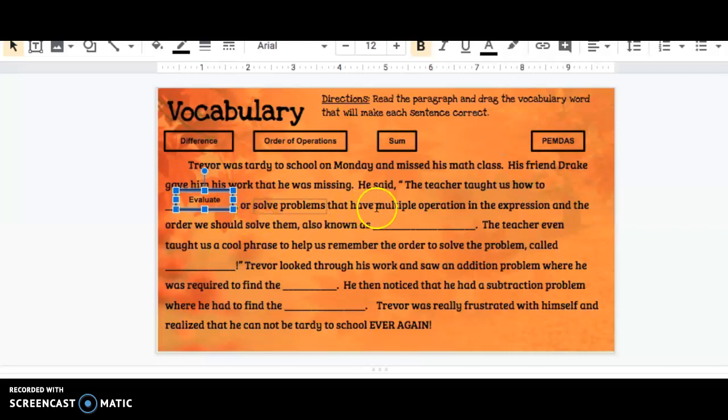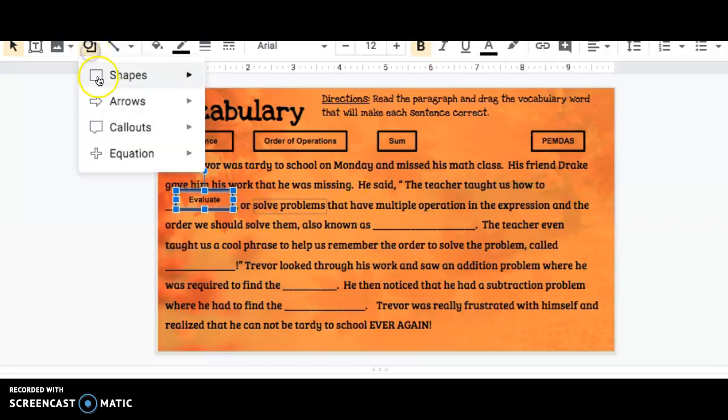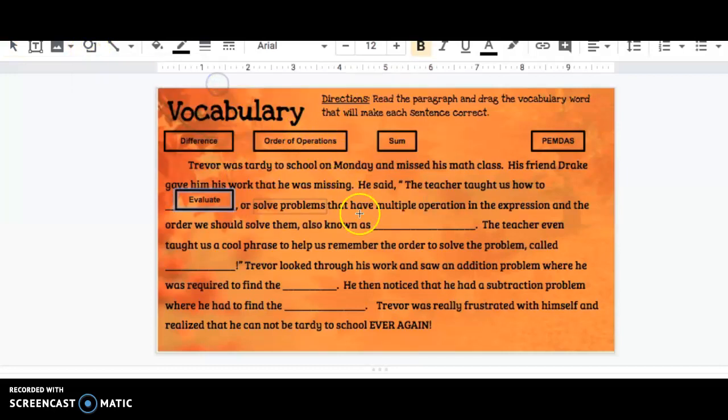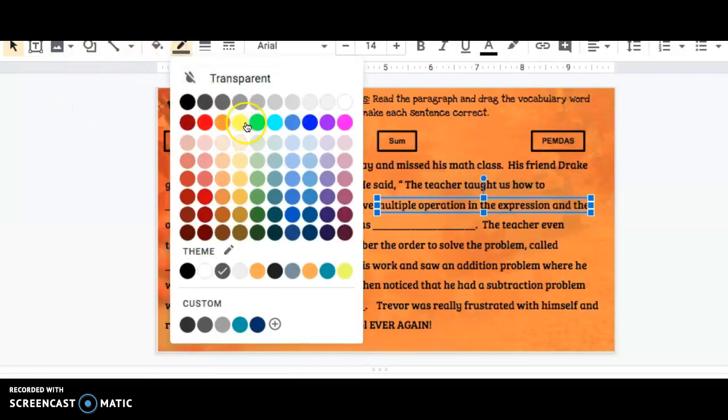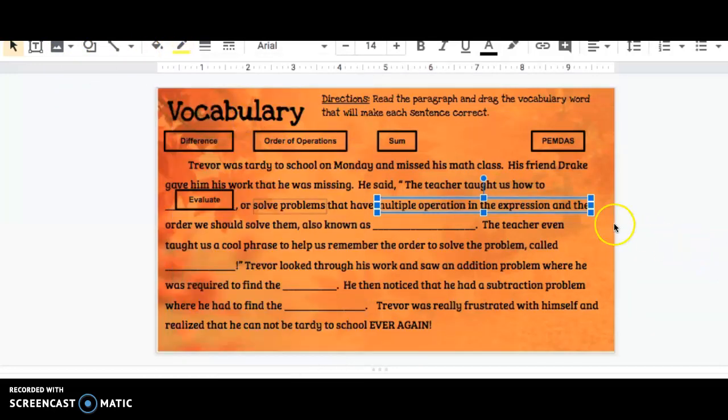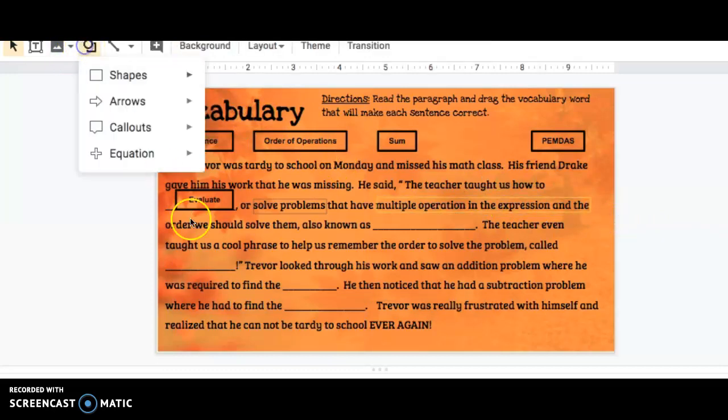That have multiple, and here's our other keyword or clue words that we'll have. Multiple operations in the expression and the order we should solve them in.